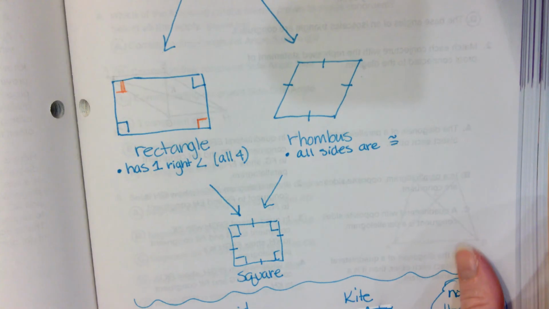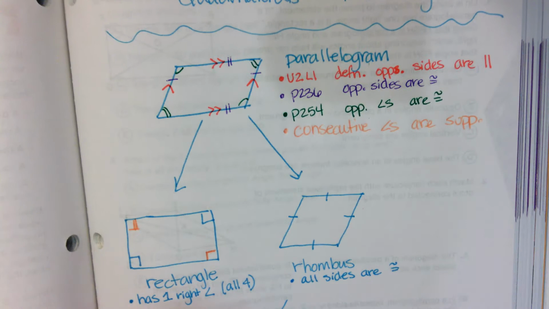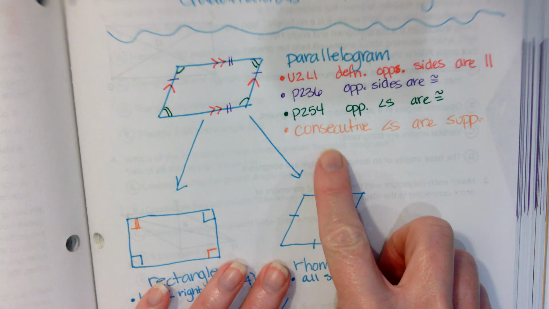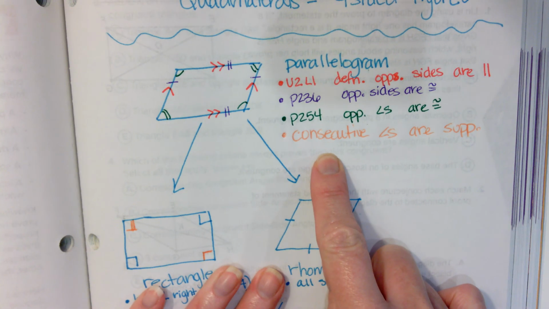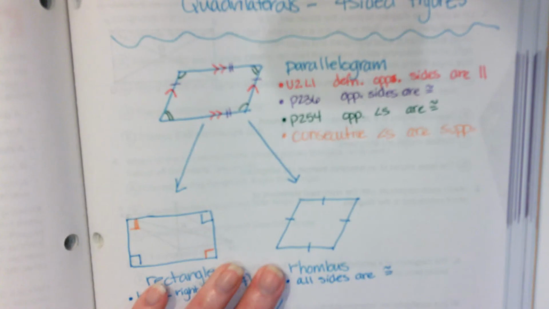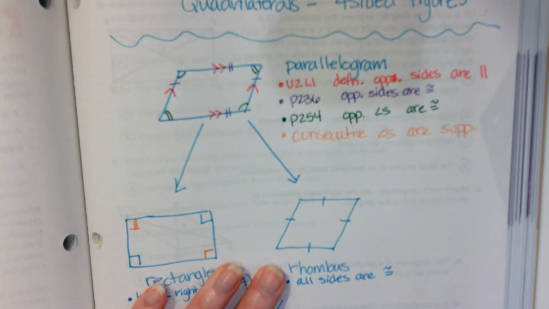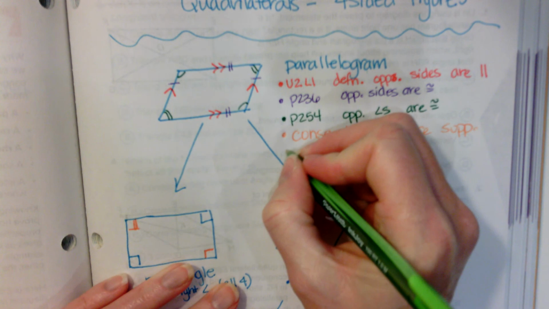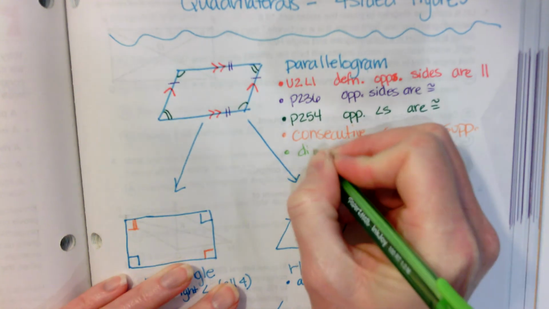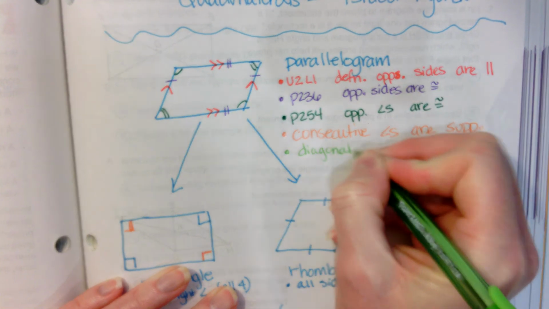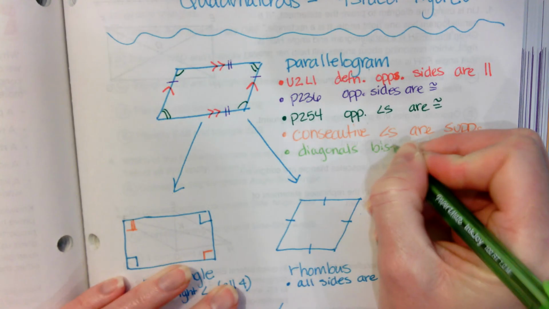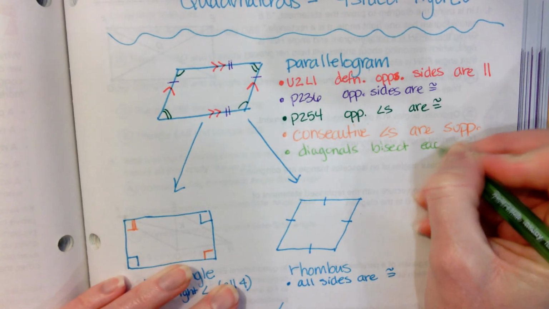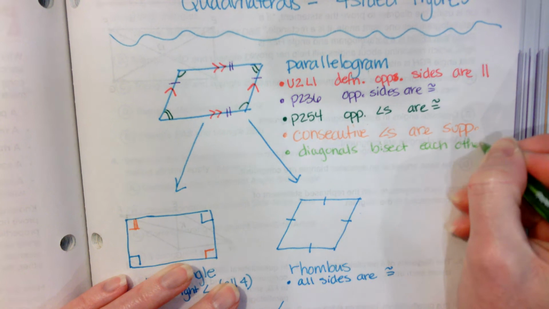On this page, I'd like to write underneath a parallelogram that my diagonals bisect each other. So let's use light green. My diagonals bisect each other. So remember what bisect means. It means to split in half.